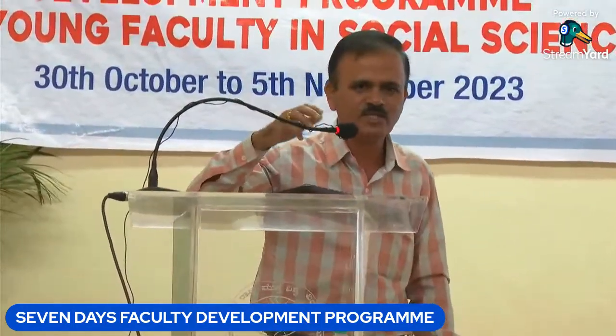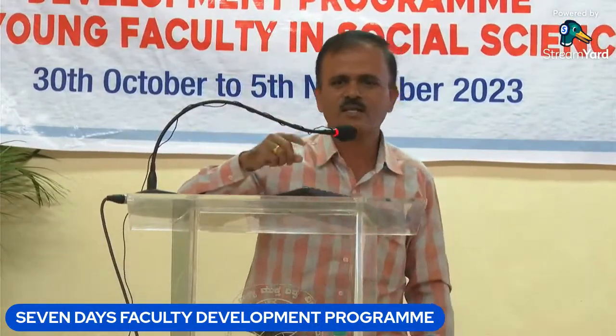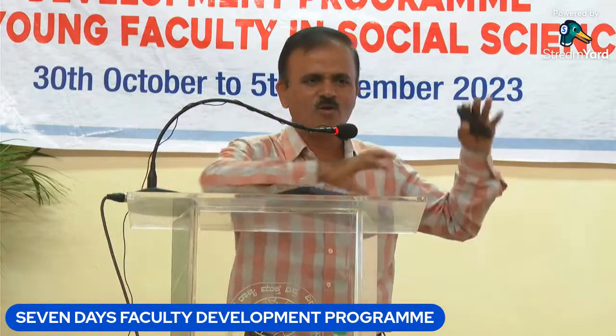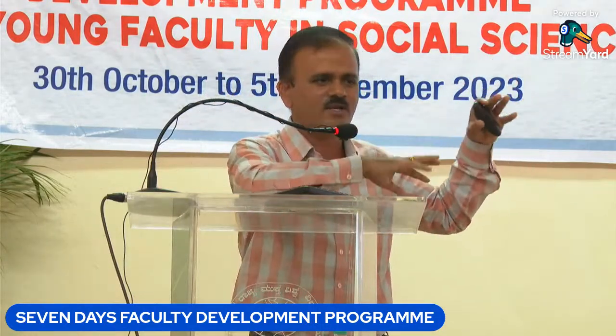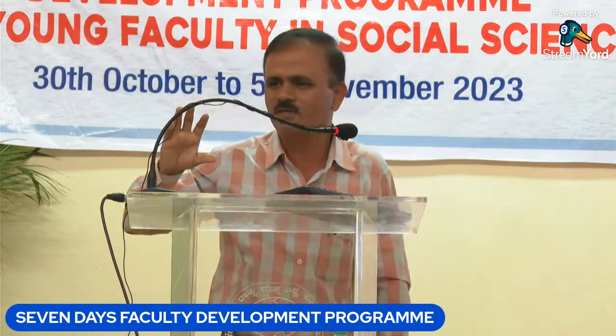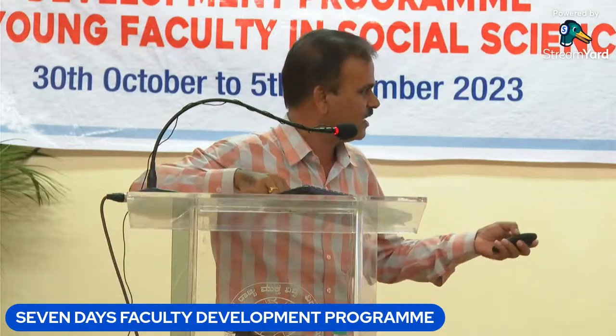Non-metric means non-measurable, whereas the last 2, interval and ratio scale measurements, come under the metric measurement. Of course, we can also call them qualitative and quantitative variables. The first 2, nominal and ordinal, are qualitative measurements, whereas the last 2, interval and ratio scale, are quantitative variables or quantitative scales of measurement.